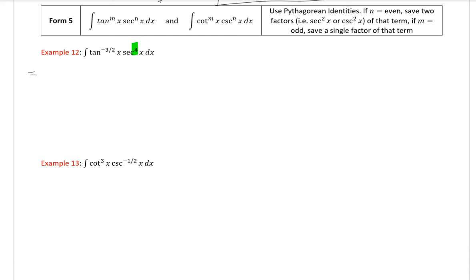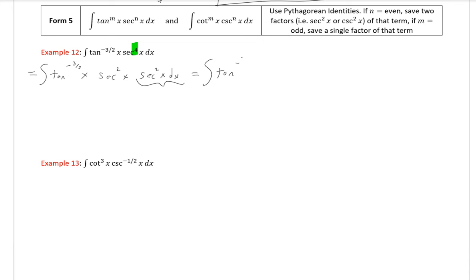These I actually think are easier than the previous ones, because these tend to simply be u du situations. Okay, so what we're going to do is split this up as tangent to the negative 3/2 x, secant squared x and secant squared x dx. Again, this is what I'm going to save as my differential piece, so set that aside.